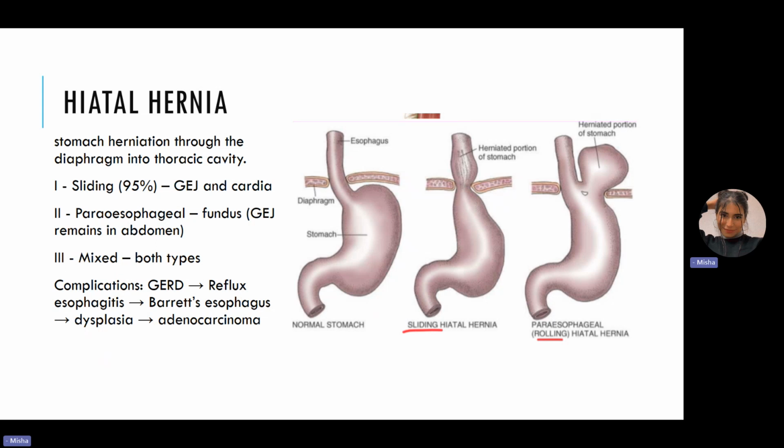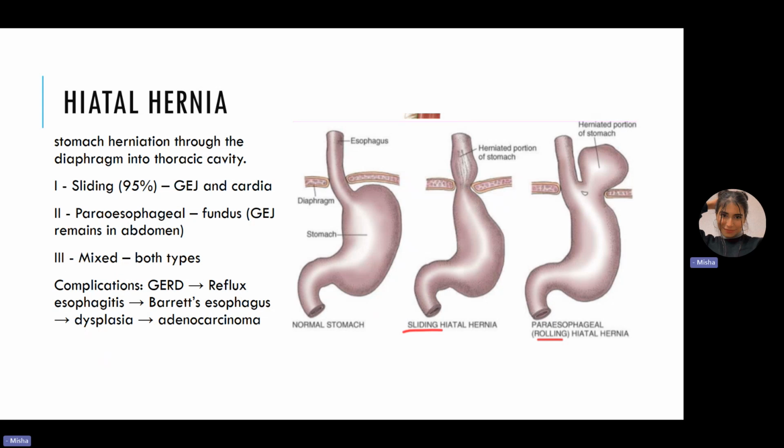Okay. Now, when we talk about the etiology of hiatal herniation, we would basically talk about increased abdominal pressure due to whatever reason, like pregnancy or due to chronic cough. It can be due to the weakening of the diaphragm in obese people, for example, they can have a weak diaphragm, and this can basically lead to, we can say, these kind of herniations.